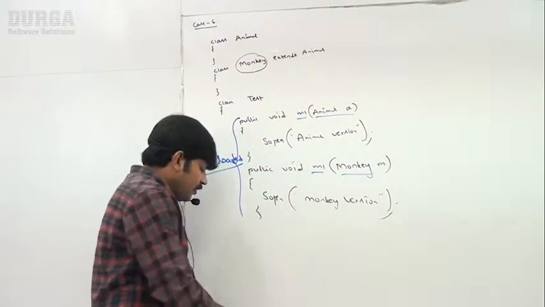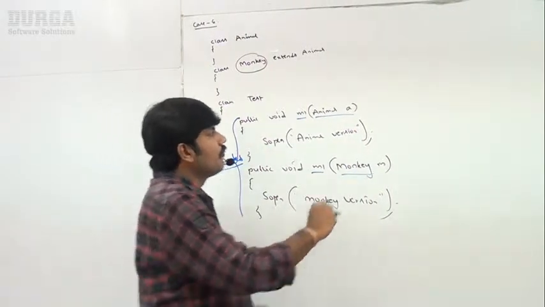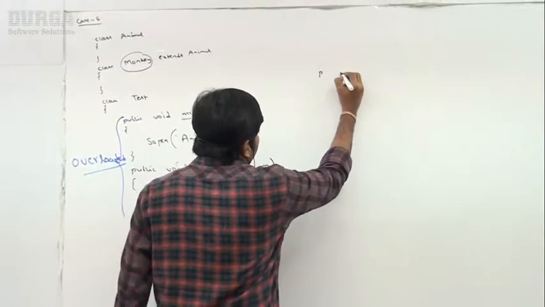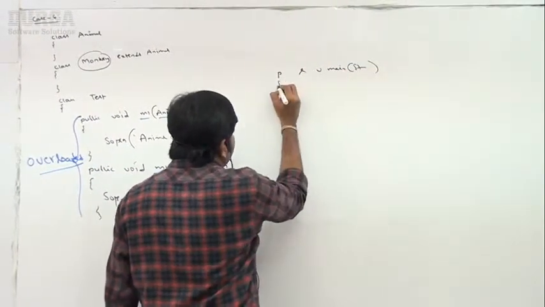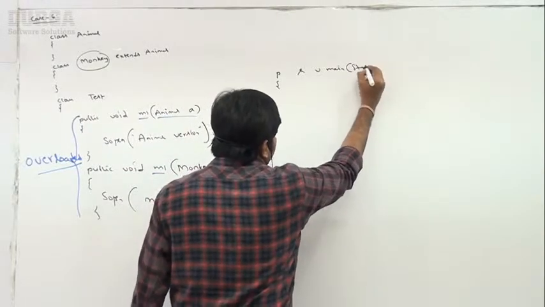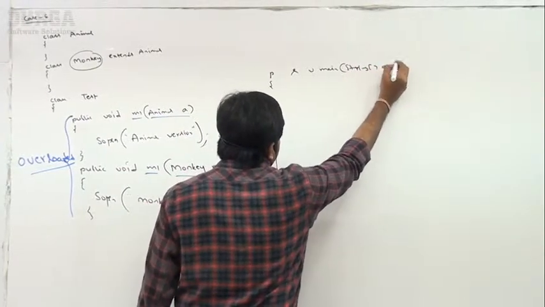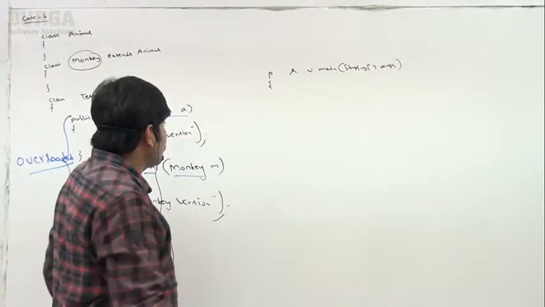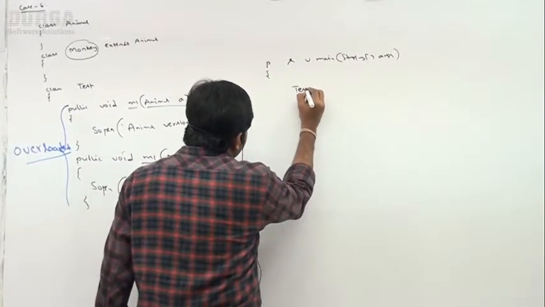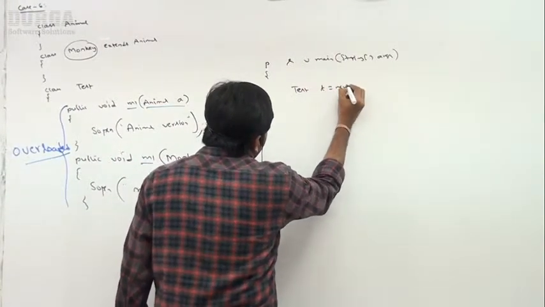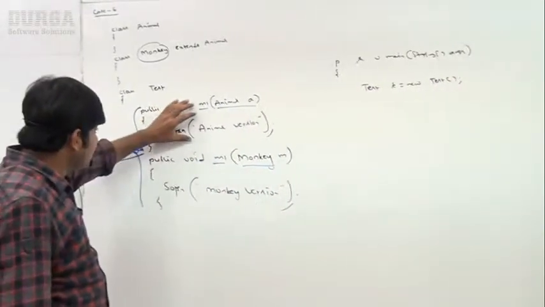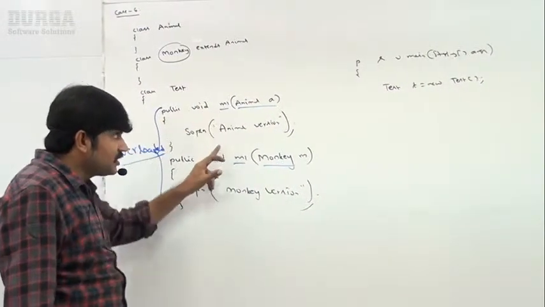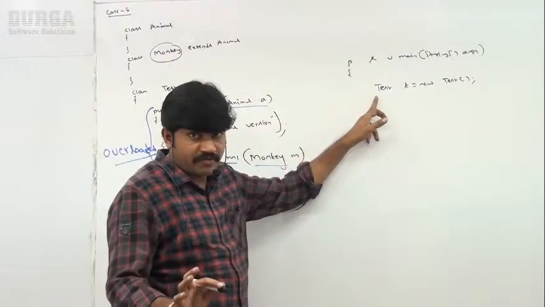Okay, now I'm ready to go for the main method. public static void main(String[] args). Now the point is, Test t = new Test(), because if you want to call either this M1 method or this M1 method, both are instance methods, so a Test class object must be required.